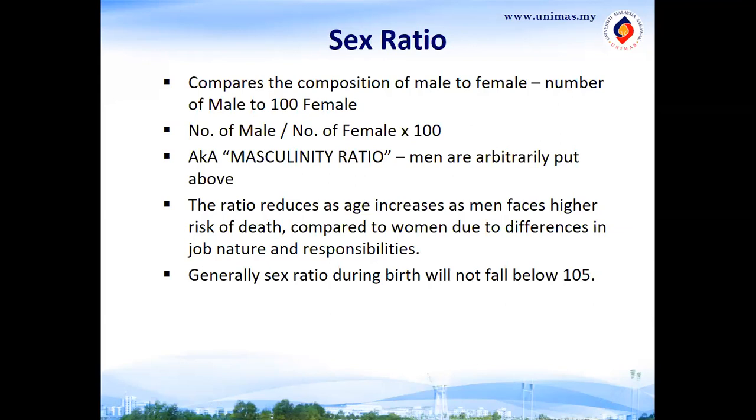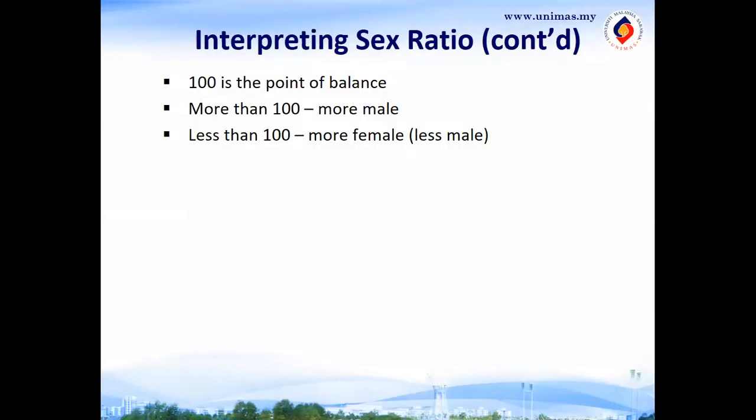In other words, yang dilahirkan secara average in the population will not fall below 105. So the tendency is to have more male births than female births. Kalau 105, itu maksudnya 105 male born for every 100 female born.